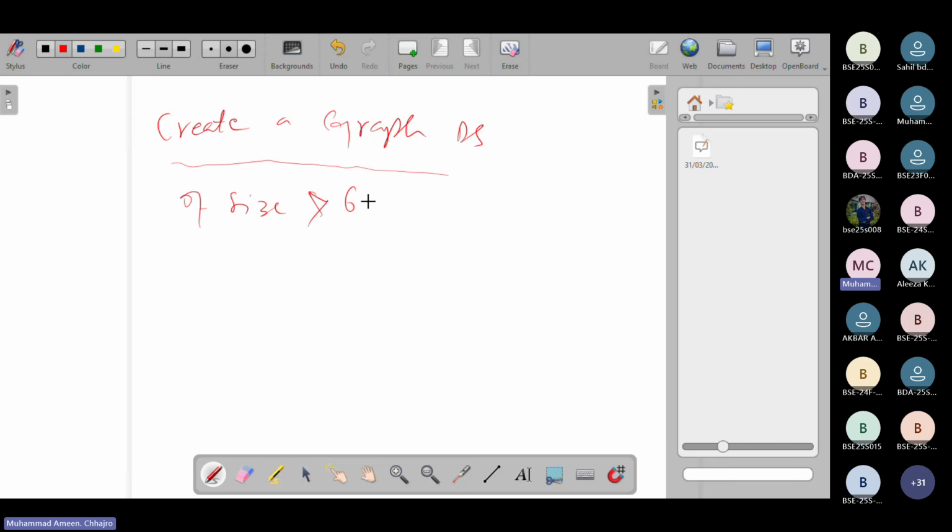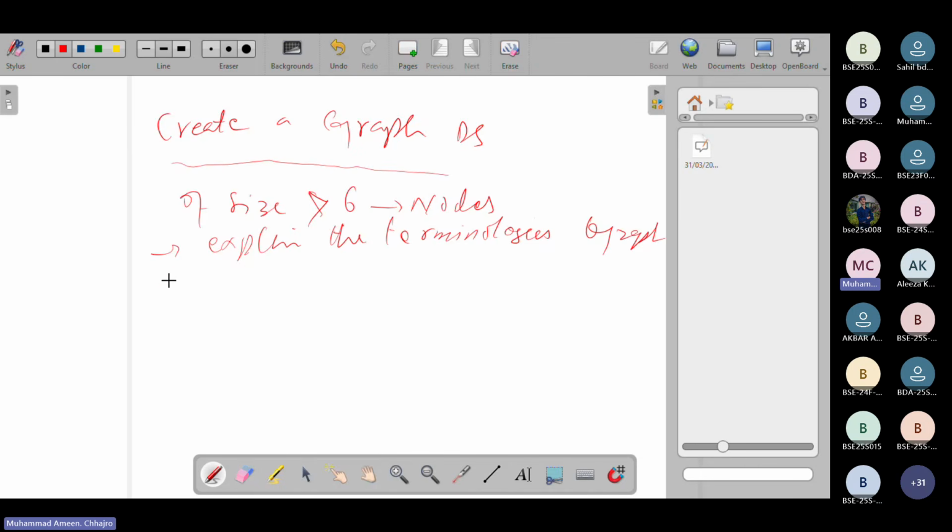Size means the number of nodes. एक ऐसा ग्राफ स्ट्रक्चर बनाएं जिसके अंदर नंबर ऑफ नोड्स जो हों वो 6 से ज्यादा हों, राइट? Need to think about and define, explain the different terminologies of the graph data structure.